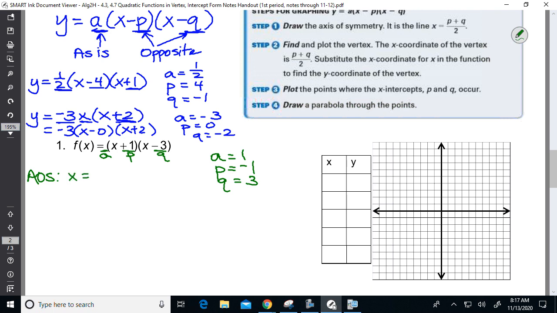That's p plus q divided by 2. Take your p and your q values, add them up, divided by 2. Similar to finding the midpoint. So -1 plus 3 over 2, so 2 over 2, which is 1. So your axis of symmetry is x equals 1.